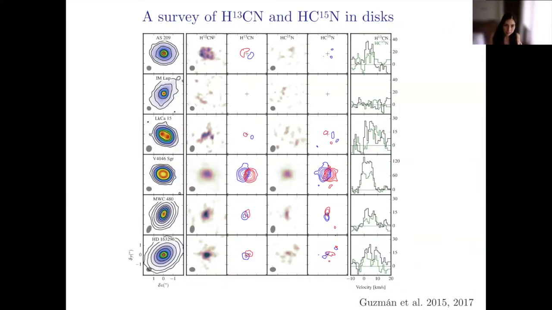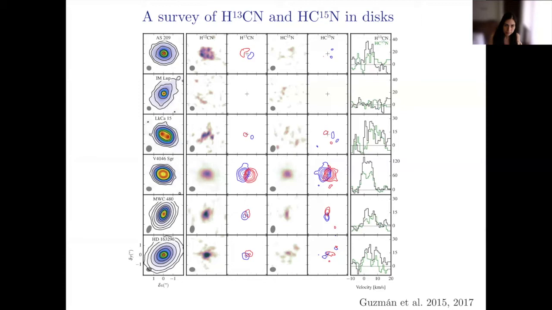In disks, what we have been able to detect first is HC15N. We detected the lines of this molecule in 2015 towards the disk around the Herbig star MWC480, which is the one shown here. Soon after, we published a paper with a survey of H13CN and HC15N in a sample of 6 disks that had very different physical conditions.